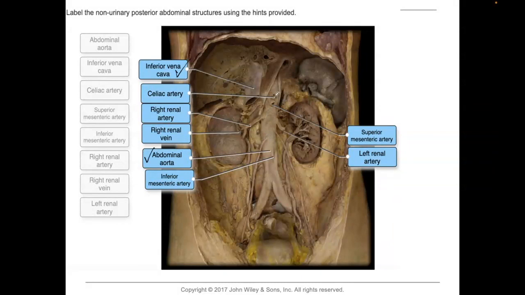Off the abdominal aorta, way up high, that first blood vessel that comes off is always the celiac artery, or the celiac trunk. Then just inferior to that is the superior mesenteric artery. And then way down on the bottom, that's the inferior mesenteric artery. Remember, the superior and inferior mesenterics are going to feed the intestines.